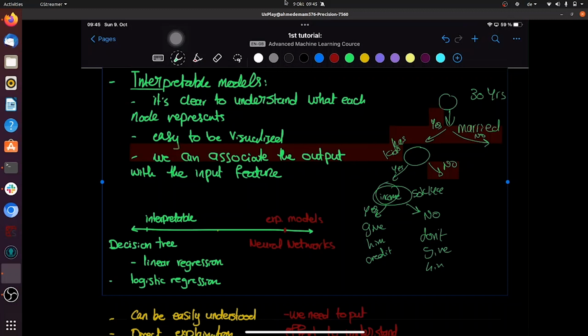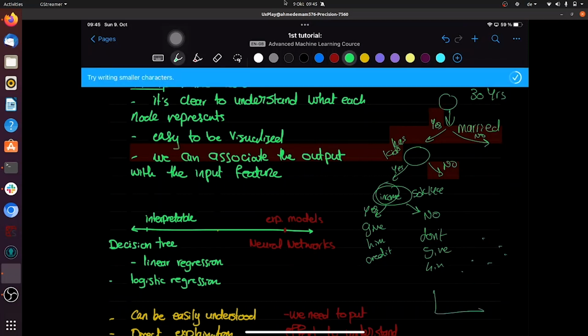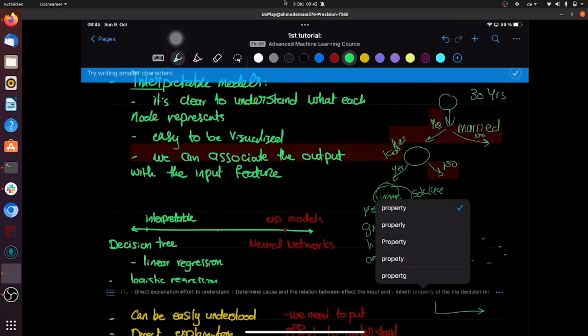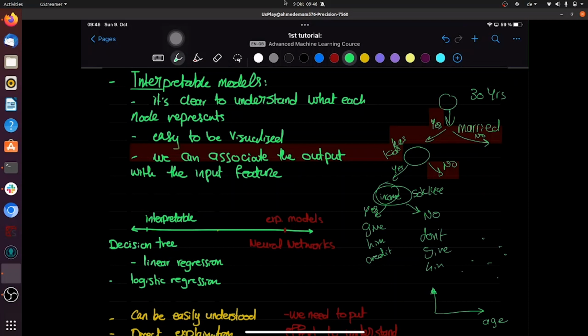Also, if you have a linear regression model, like a 2D regression problem, here we are having age and salary.